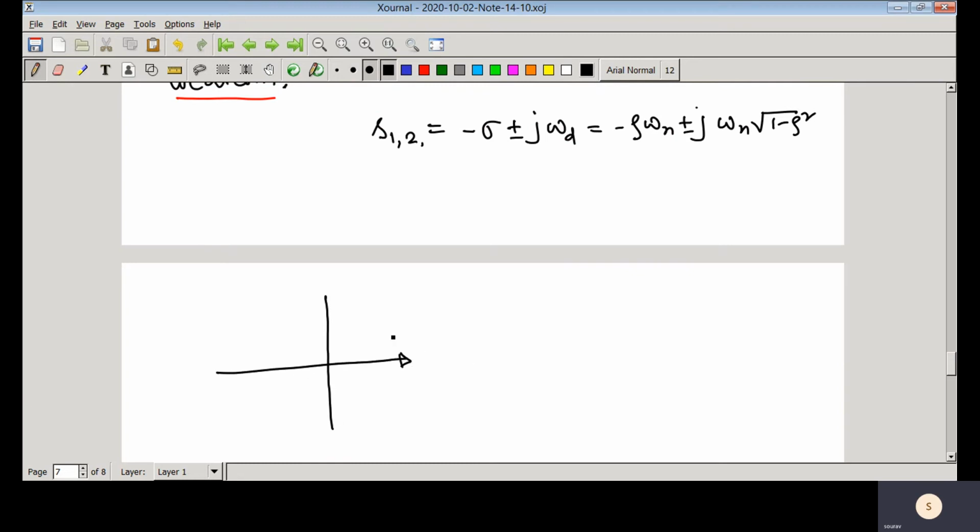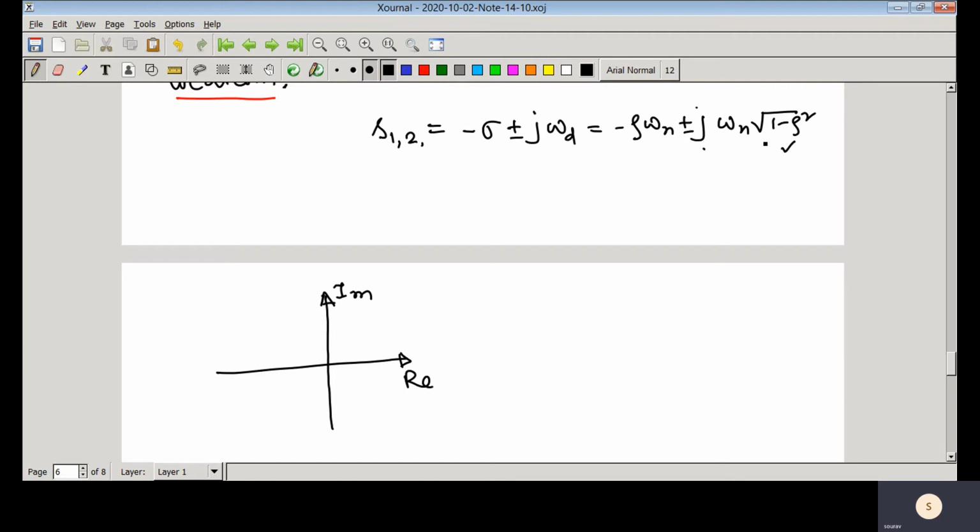so this is the complex plane, that is the real axis, and this is the imaginary axis. And we can see here that if we take j inside, that means zeta square minus 1, and zeta is greater than 1.